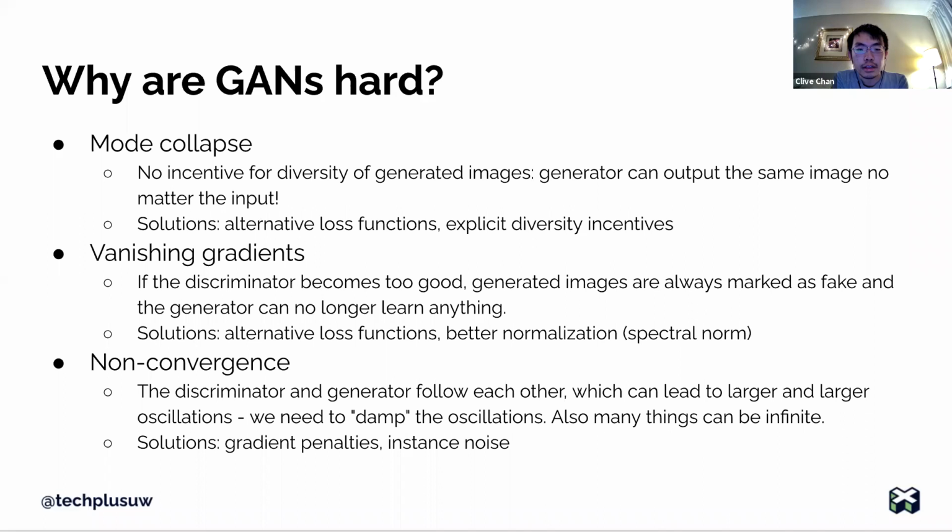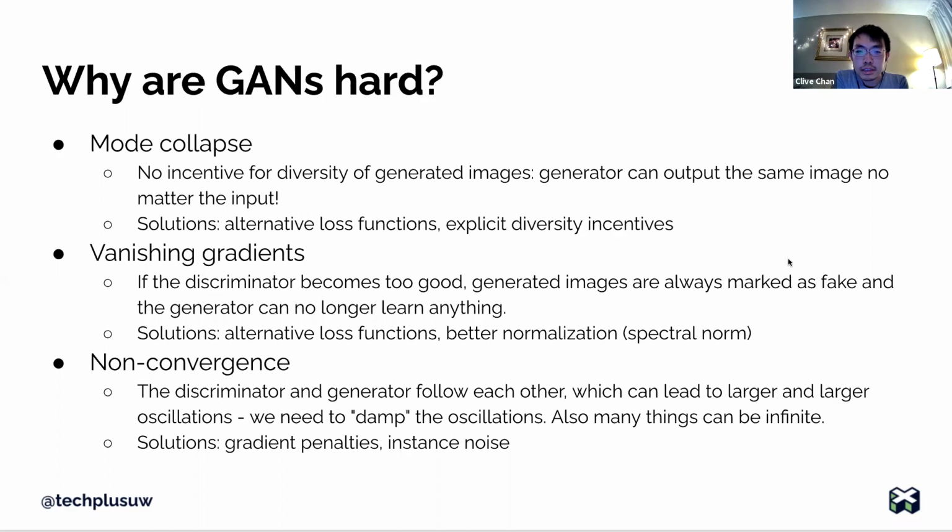So there's a bunch of different methods to do this. There's what's called gradient penalties. You can look up, there's a whole bunch of papers with gradient penalties. Instance noise is also another interesting idea. It's been used to combat that. And generally speaking, GANs are more solved now. People generally know and understand how to train GANs, but it still can be pretty challenging if you're writing it from scratch.